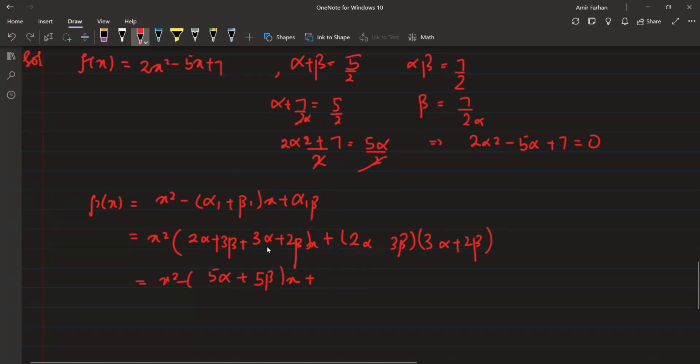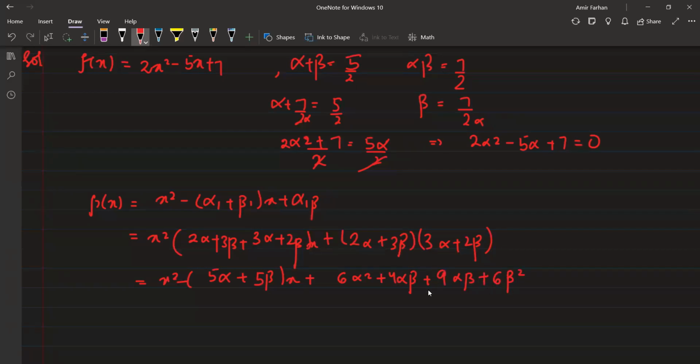That's where I had a question. 6 alpha square, when we take 6 as common. Okay, 6 and then alpha square. So 6 alpha square and you will get 4 alpha beta, and plus then 9 alpha beta plus 6 beta square.